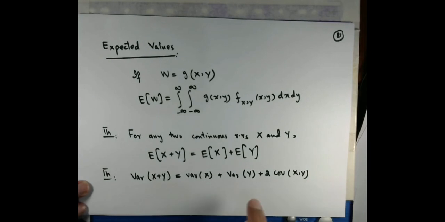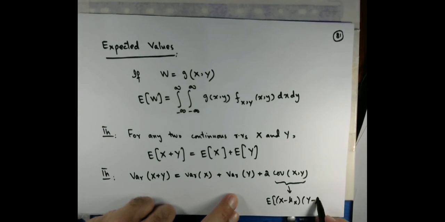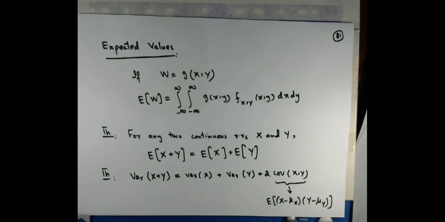And if you recall, this covariance of x and y was nothing but the expectation of x minus its mean times y minus its mean. So this is simple. The remaining formulas stay the same.